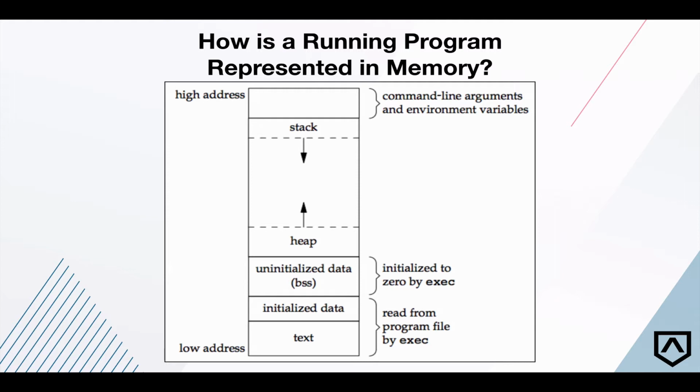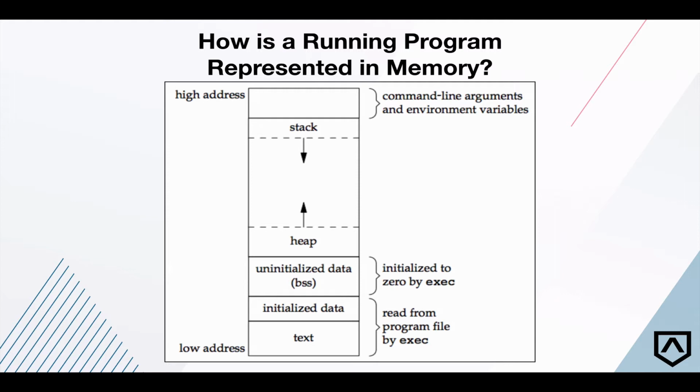All right. So we have this segment in memory dedicated to some arbitrary process that we're running on our machine. And there's a couple of things that need to be kept track of in this segment of memory. Starting at the bottom, from the low address, you see it says text. Basically this text is the actual code of the program.